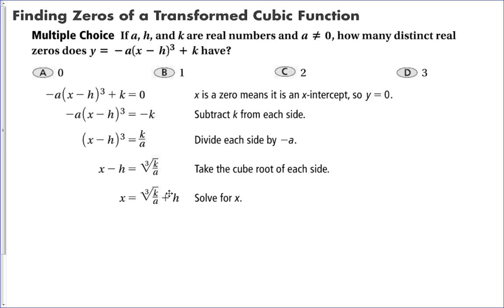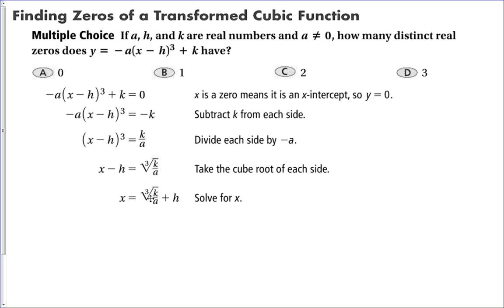Of course, when you take the cubed root, you don't have multiple answers, you only have one. It's not like the square root or any even-powered root, where you always have two answers because you have the positive and the negative of whatever number you got. Cubed roots, or odd-powered roots, only give you one answer.